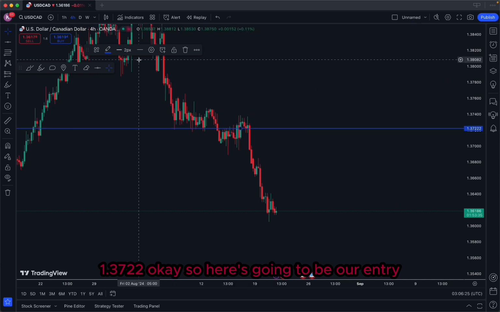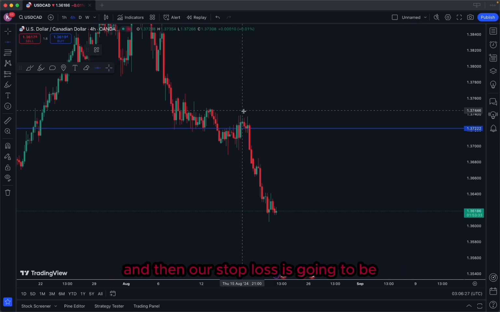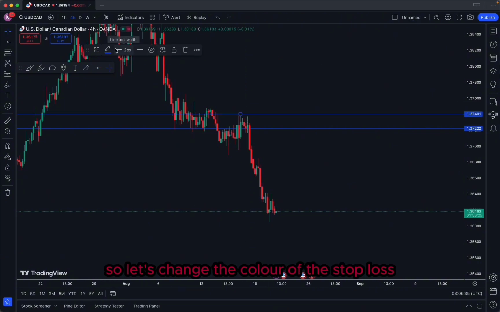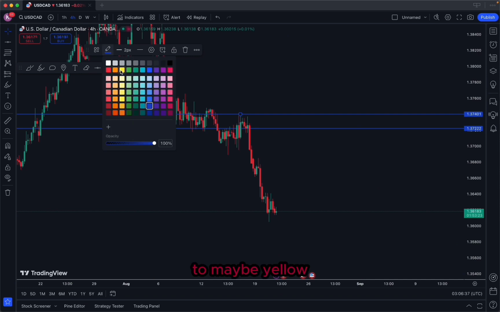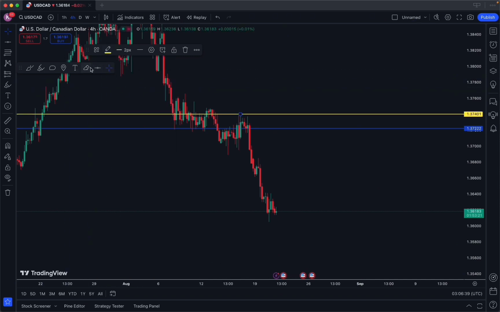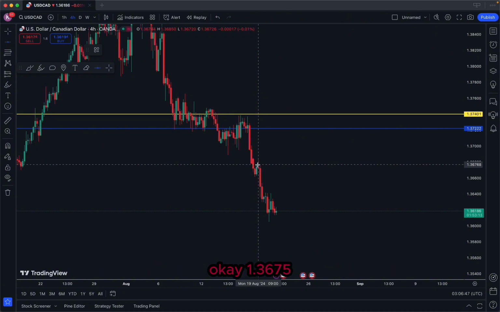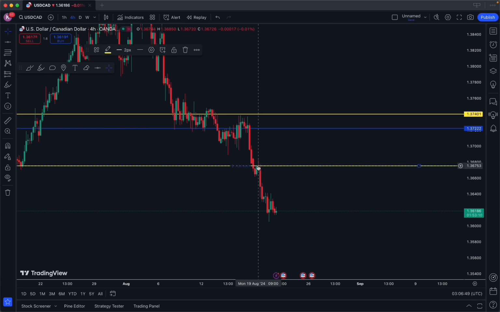So here is going to be our entry, and then our stop loss is going to be 1.3740. So let's change the color of the stop loss to maybe yellow. Then our take profit is going to be anywhere 1.3675. Okay, so let's change the color to red.